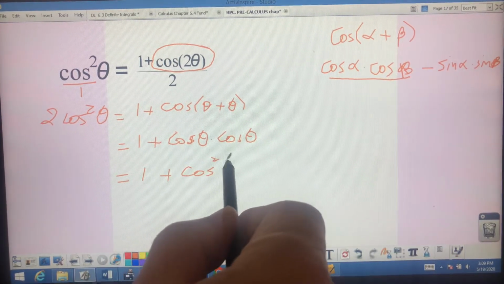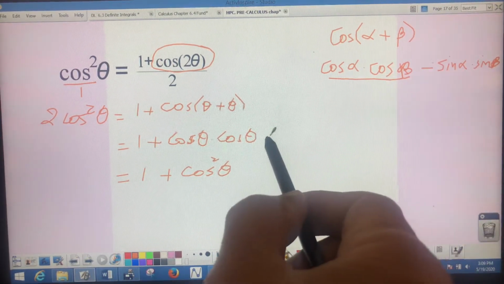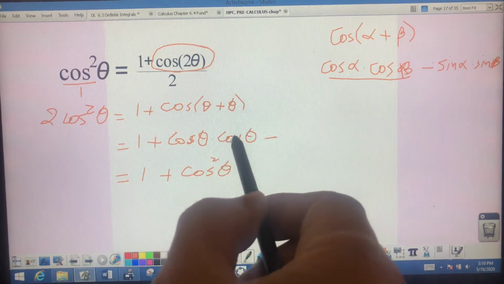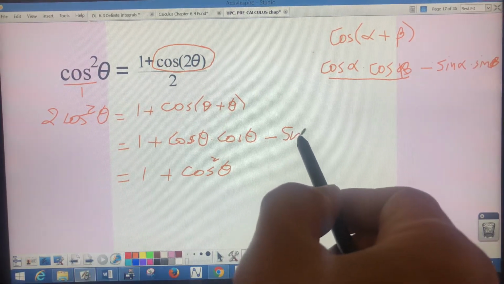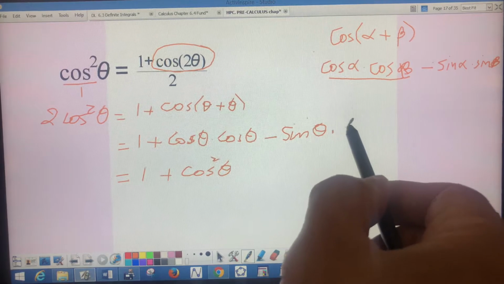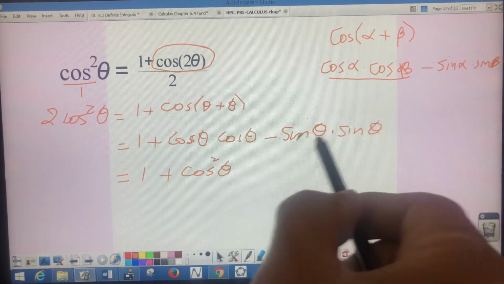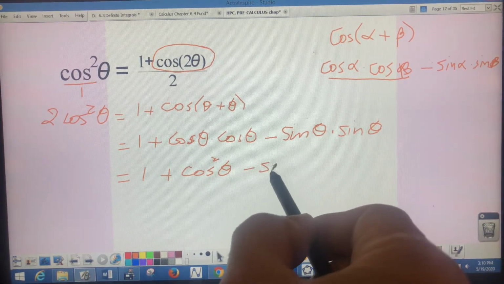All right, so now I'm on to the minus here. So minus, I did the cosine of the first angle times cosine of the second angle. Now this time it's going to be sine of the first angle, which is theta, times the sine of the second angle. It's also my theta again. So those two will be sine squared.